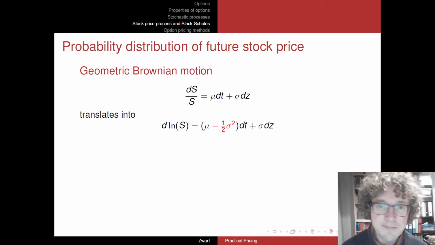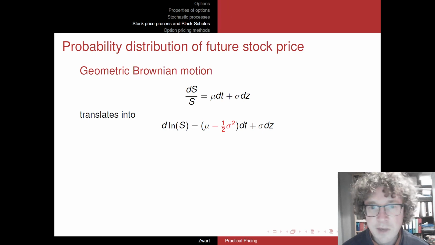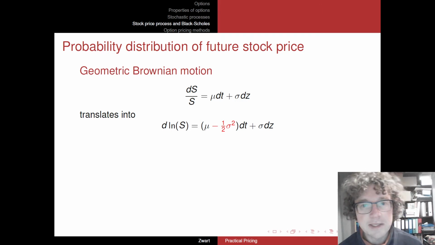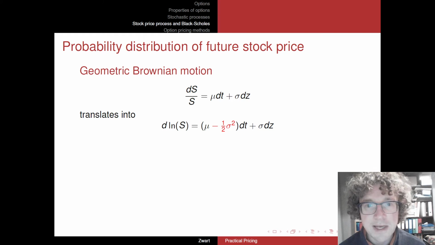There's a slight adaptation here: the red term, minus a half sigma squared. That's a little technical change that we have to make, which accounts for the fact that the dz term has an expectation of dz squared which is also proportional to dt. Technically this is called the Ito rule, and that's something you'll learn about when you take the derivatives course in your master's class.